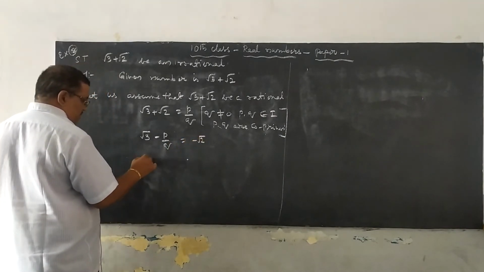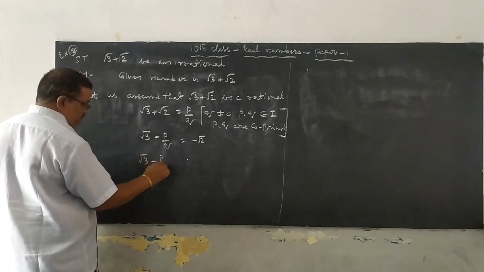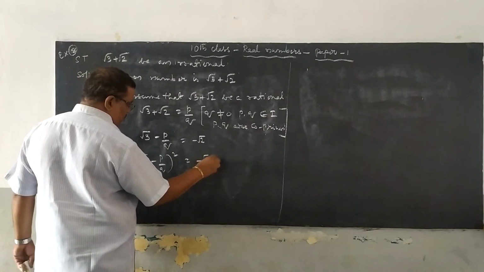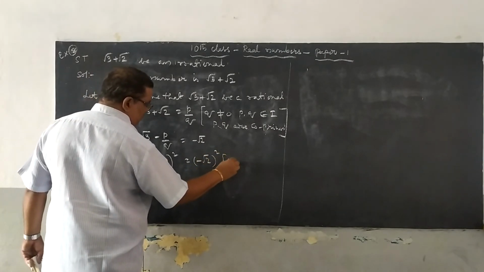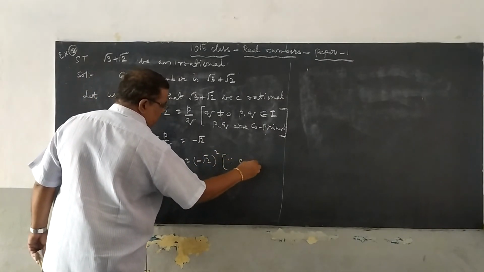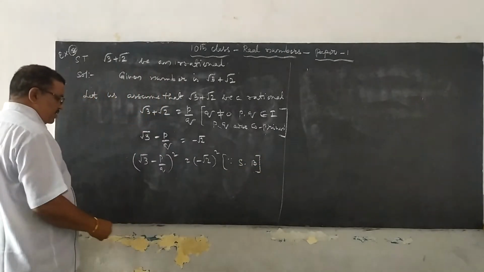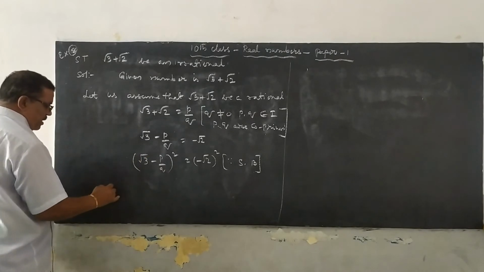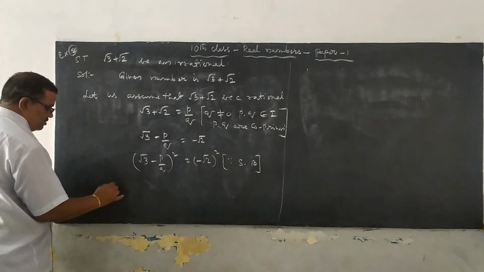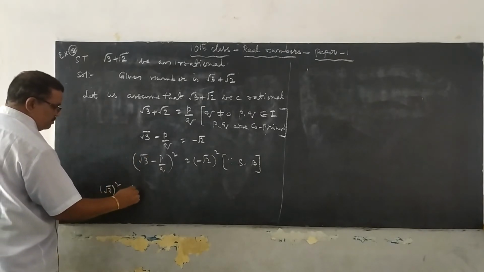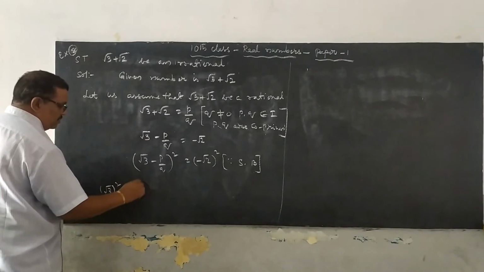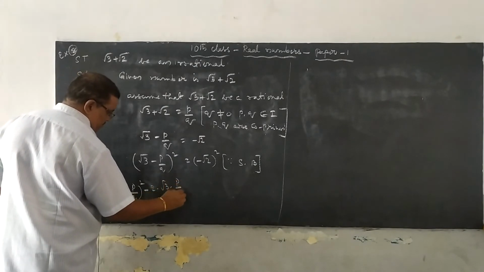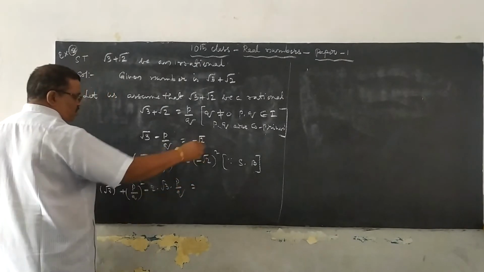Squaring on both sides, root 3 minus p by q whole square equals minus root 2 whole square. It is in the form of a minus b whole square. Expand this one: a square plus b square minus 2ab is equal to minus root 2 whole square.